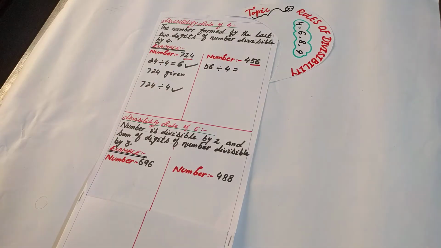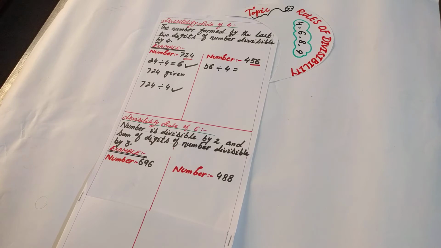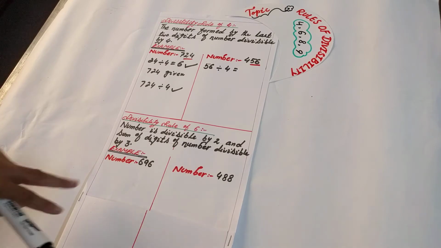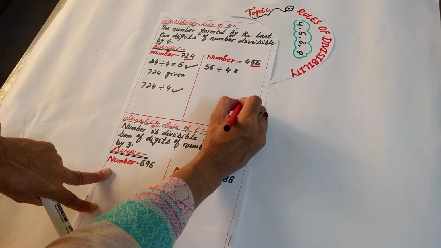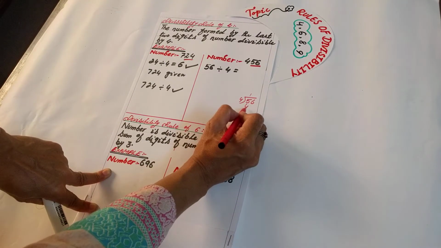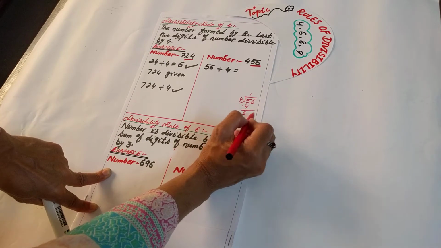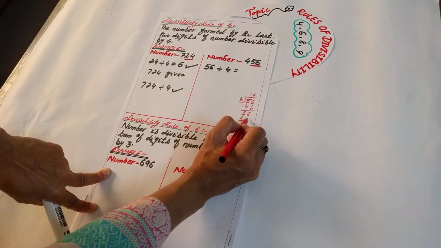If you are getting confused about the divisibility directly, you can do the short division like this. If 56 is not clear, you can do it like this: 4 ones are 4, 5 minus 4 is 1. Bring down the 6, 16. 4 fours are 16.